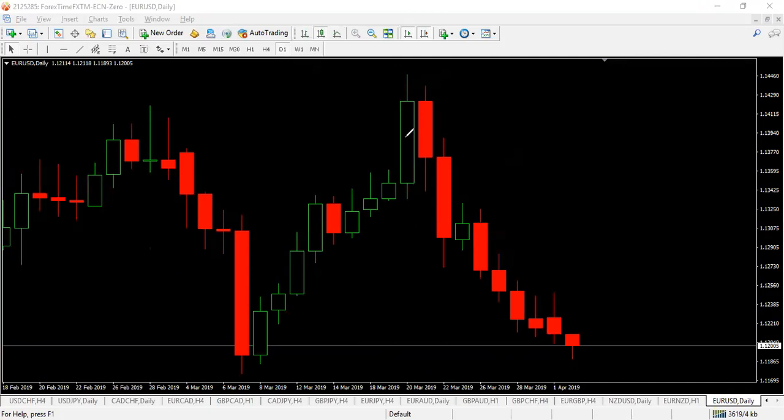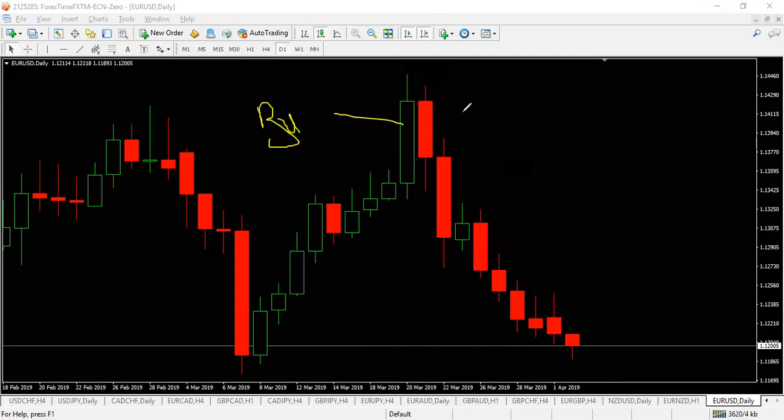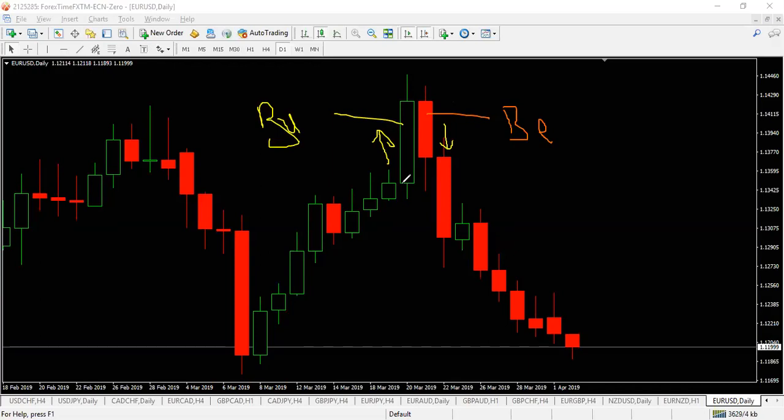This is a bullish candle, and this is a bearish candle. The bulls have an upward direction, so a bullish candle opens at this level and closes here, while the bears tend to open here and close down here.